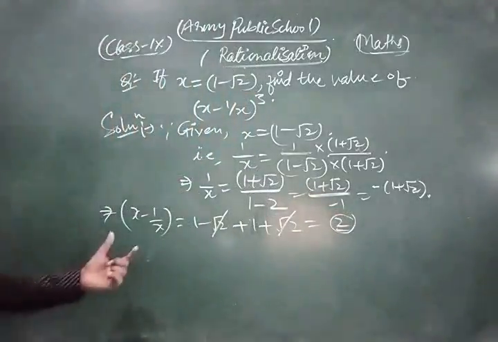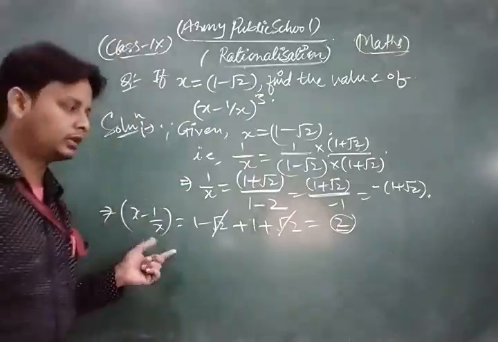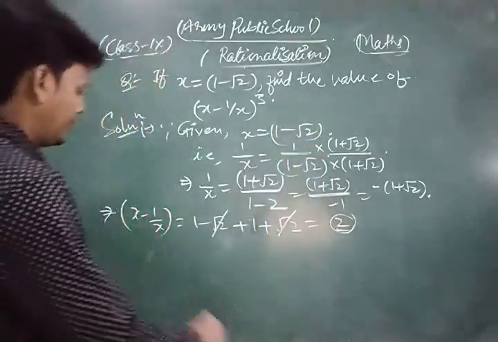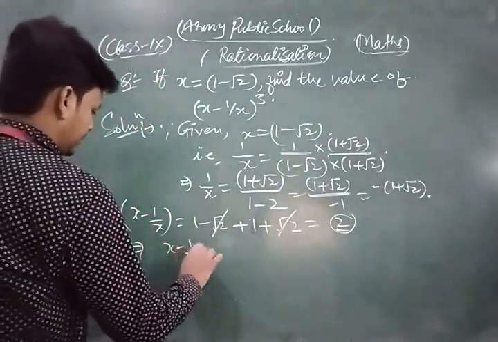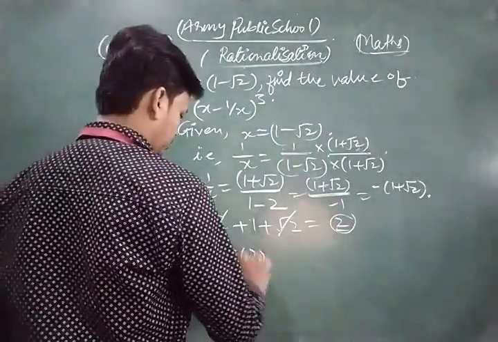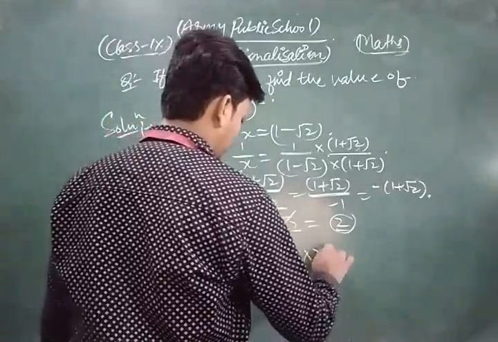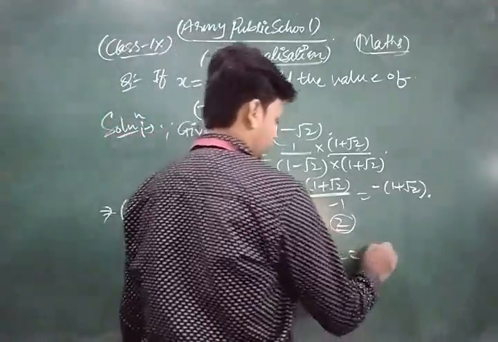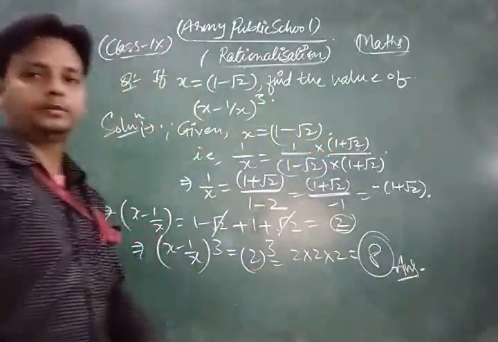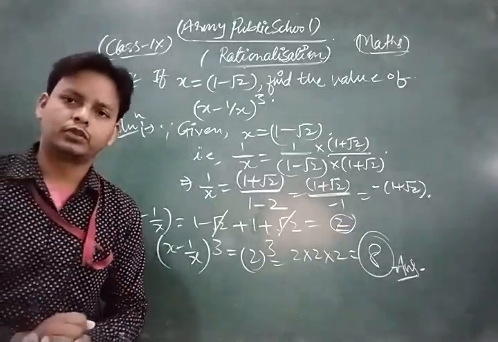So the value of x minus 1 upon x is 2. Now we find their cube. So x minus 1 upon x whole cube is equal to 2 cube, means 2 into 2 into 2. This is 8. This is the required solution of the given question.